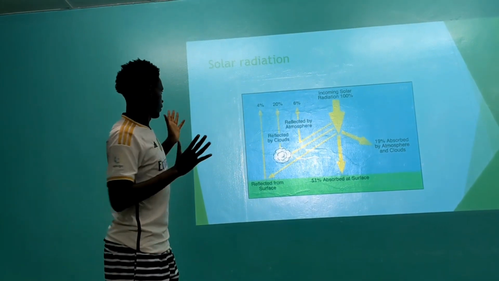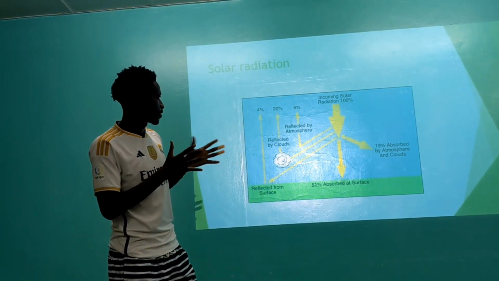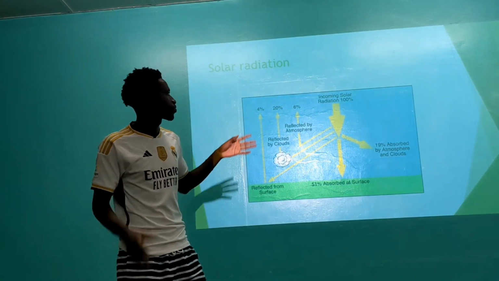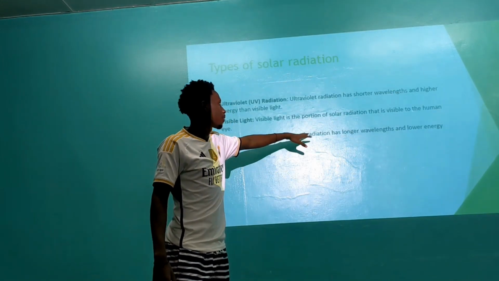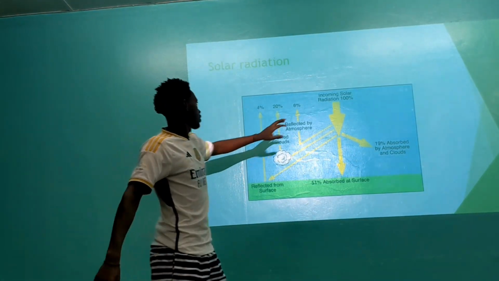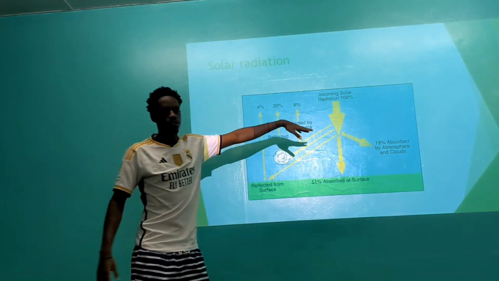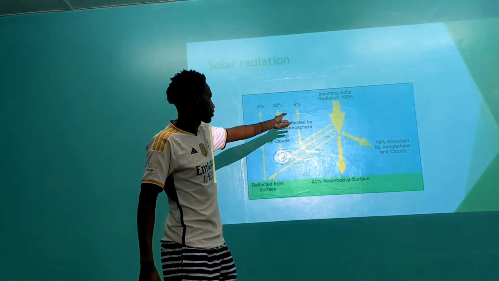So also we have seen the percentage or the amount of solar radiation and where it is emitted. We have seen that the incoming solar radiation took 100%.